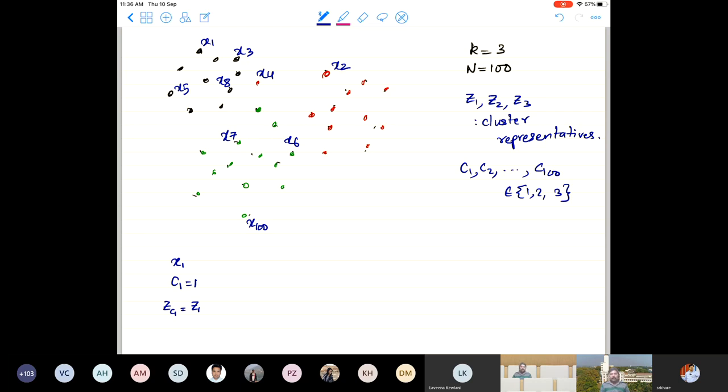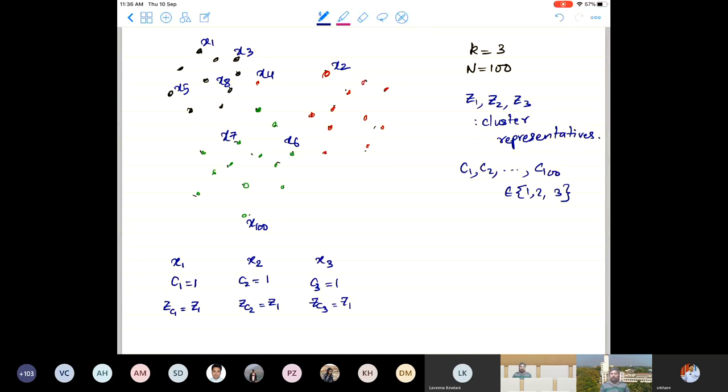Then you look at the vector x2. For x2, you have the cluster assignment c2, which is equal to 1 again. The representative is z_c2, which is z1 because c2 is equal to 1. Then you look at the vector x3. For x3, I have the cluster assignment c3, which is equal to 1, so z_c3 is actually equal to z1.